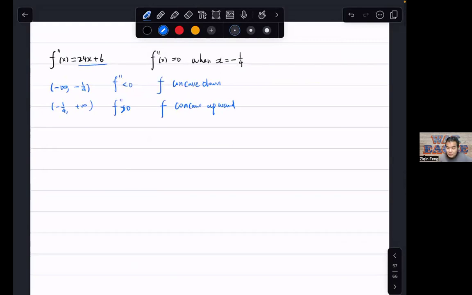And do we have an inflection point? Yes, right? It's this number where the second derivative equals 0, with concave downward on the left side and concave upward on the right side. So that's a point at which concavity changes, right? So at -1/4, f of -1/4 is an inflection point.